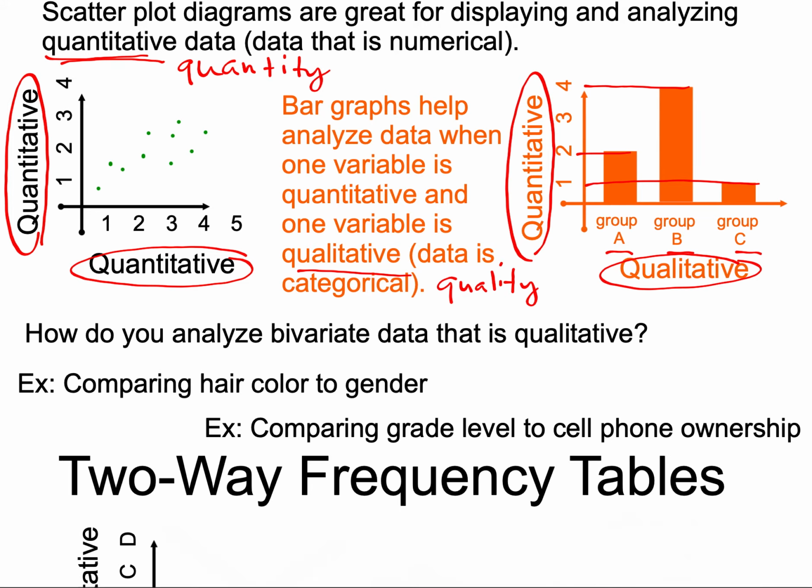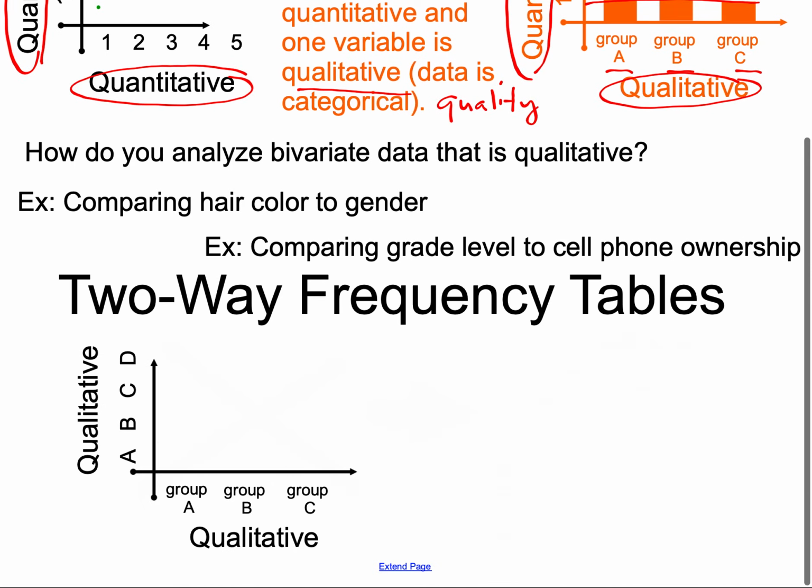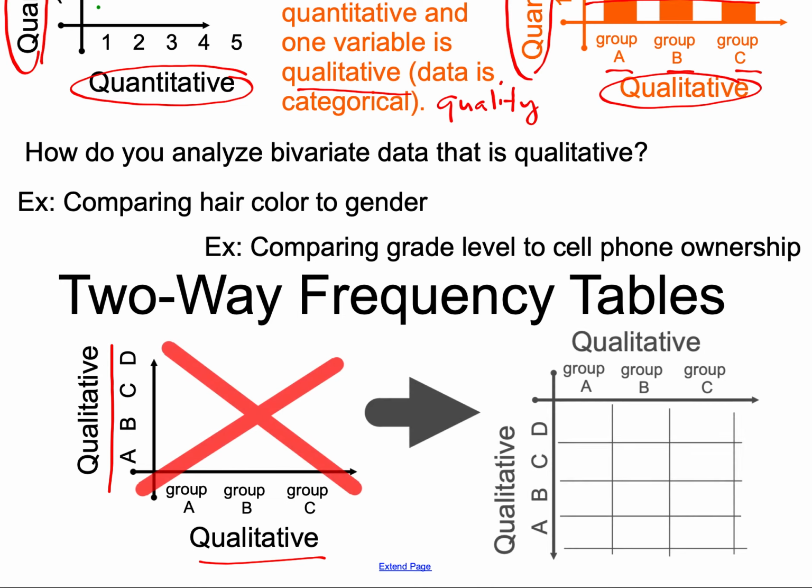As we get into this, though, we're going to be using what are called two-way frequency tables. Now, on a two-way frequency table, you're going to have qualitative data on both the x-axis and on the y-axis. It's not going to end up looking like this, though.